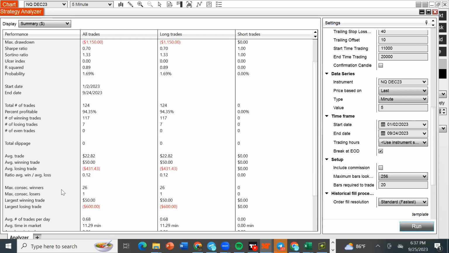Maximum consecutive winners is 26 times it made profit, but consecutive losers is only one time. So if it loses once, after 25, 26 profits, you may again have a stop loss, which is very rare, because during that time you don't have any huge bad news or huge volatility during that early morning, those Europe hours.